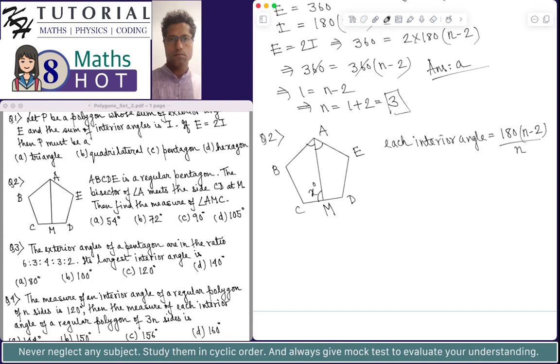For this problem, n is 5, since it is a pentagon. So we have 180 times 5 minus 2 divided by 5. This is equal to 36 multiplied by 3, which is 108. So each interior angle is 108.